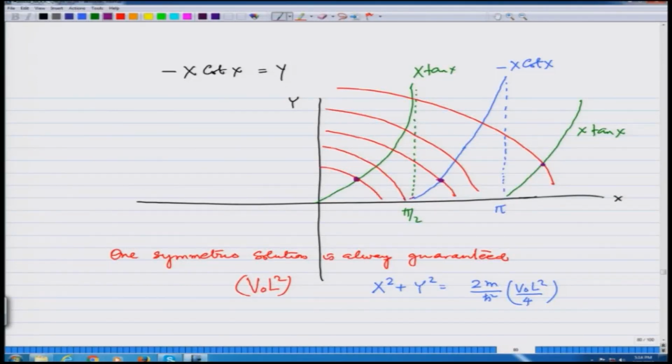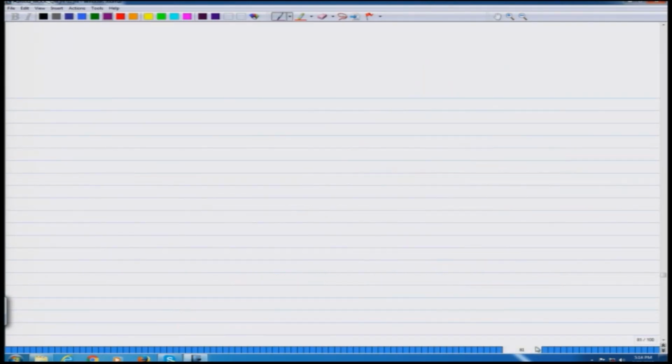So, for that the radius of the circle, x square plus y square should be greater than pi square by 4 for one more state to be bound, and what that means is 2 m over h cross square V naught L square by 4 should be greater than pi square by 4, or V naught L square should be greater than h cross square pi square over 2 m. If that is the case, in that situation I will have two bound states.